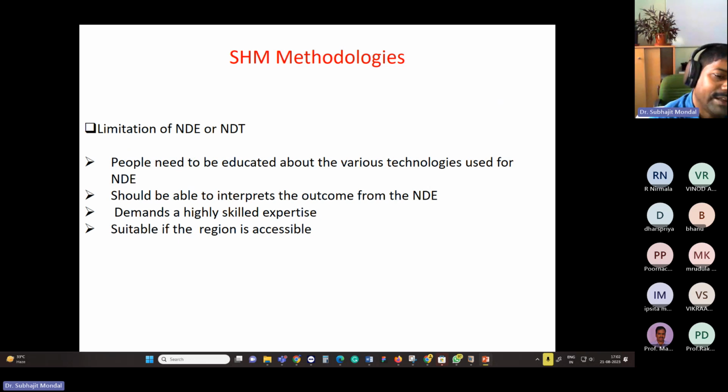Now again, there is a limitation on NDT, non-destructive evaluation. The limitation is that the person who is dealing with that technique needs to be educated. For example, if you go for visual inspection, a layman can visually inspect and identify the damage.